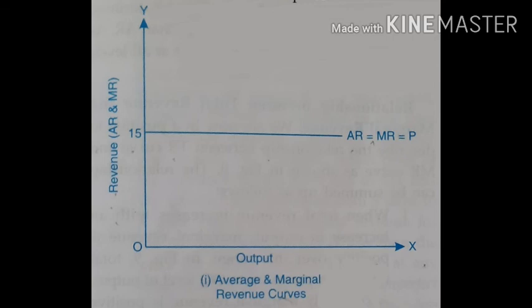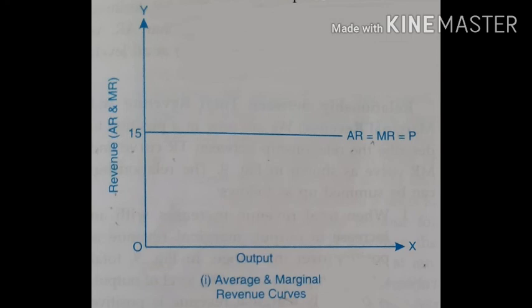Like the AR curve, the MR curve is also a horizontal straight line parallel to the X axis. Graphically it is shown that the AR and MR curves coincide at the level of market price, OP, showing that AR is equal to MR at all levels of output.